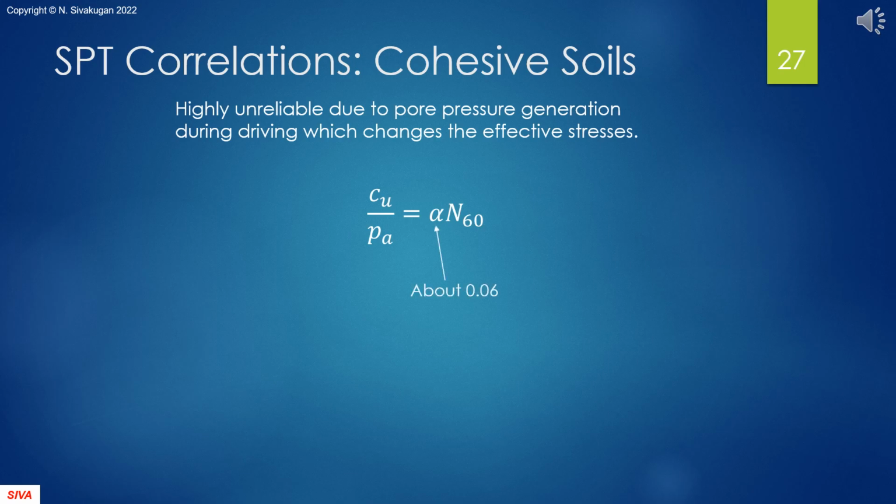SPT is unreliable in cohesive soils. However, the relationship shown here can be used to estimate the undrained shear strength of the clay. As before, Pa is the atmospheric pressure, which is 101.3 kilopascals.